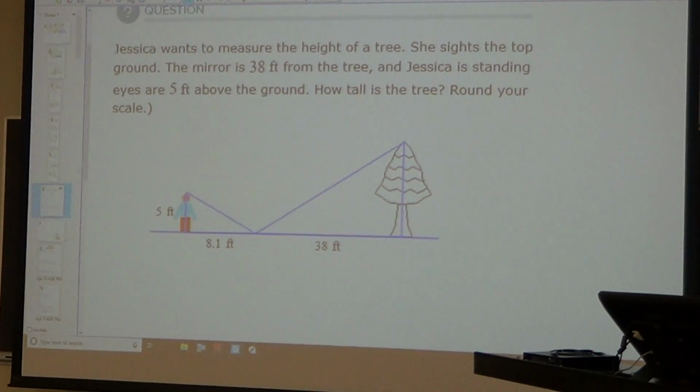Before we do this one, let me show you an easier one. If I give you 4, 8, X, and 10, and I say find X, you just have to make a pattern.